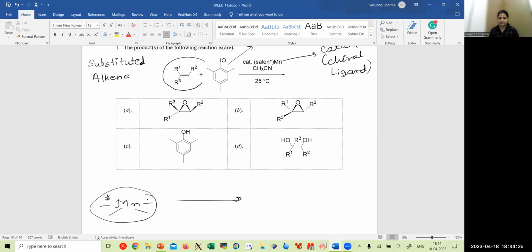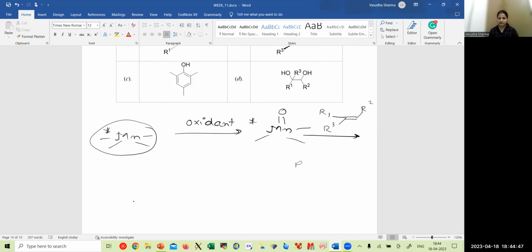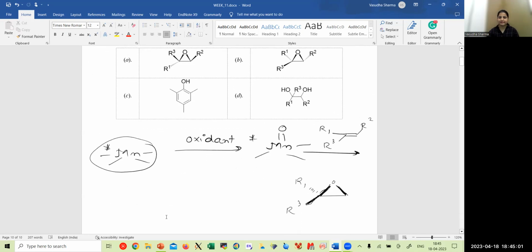So in presence of this oxidant, it will form Mn=O, and then in presence of this R1, R3, R2, it will transfer and it will form the epoxide with R1, R3, and R2.